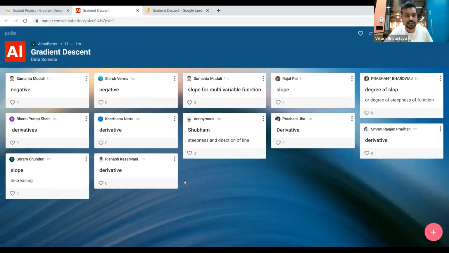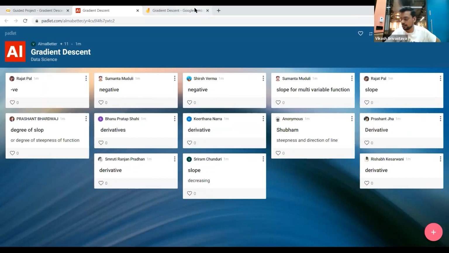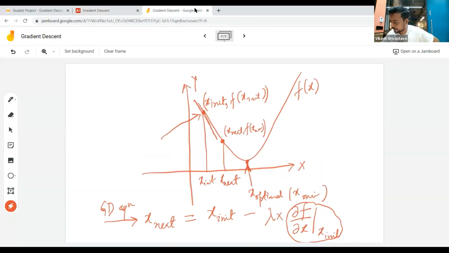So Sumanta is saying negative, Sheets is also saying negative, right? Why negative? If you draw a tangent here, with this theta, and you calculate this particular tan theta, this is going to be negative, right? So the gradient for the starting x init will be negative.